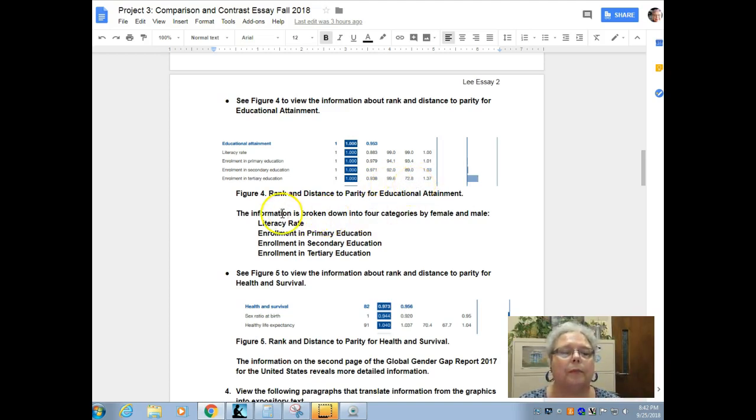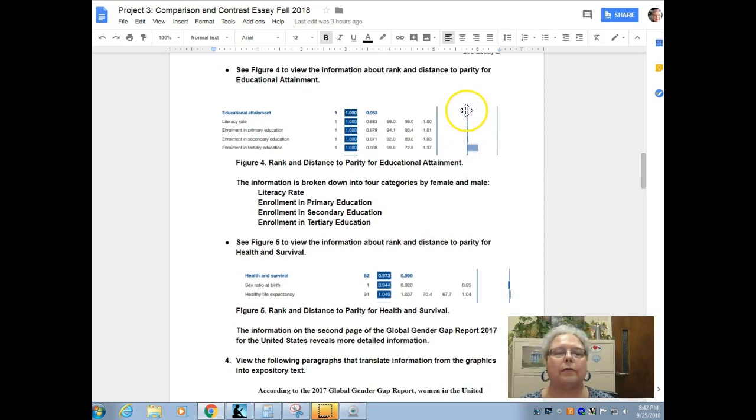But you can look at the individual statistics there, the literacy rate, enrollment in primary, secondary, and then tertiary. So we're about dead even. The parity line, we're all equal until we get up here to college, and then more females are going to college than males.